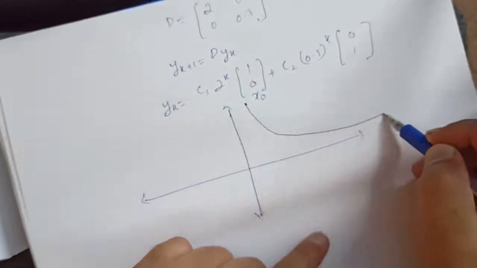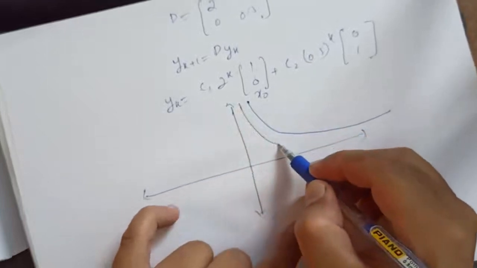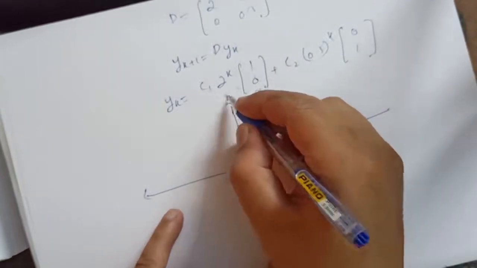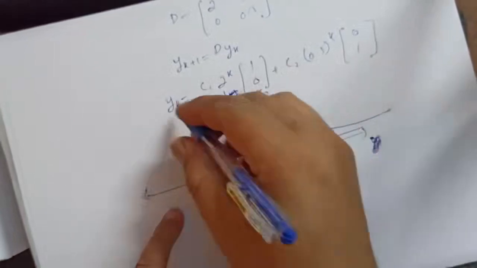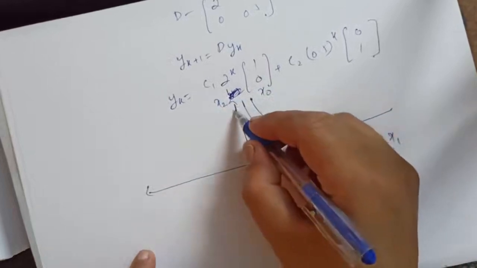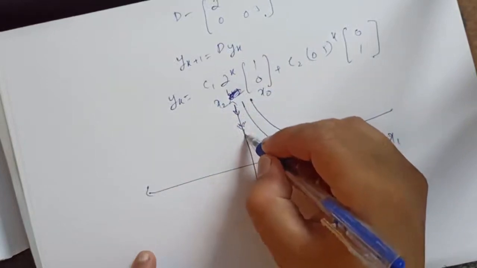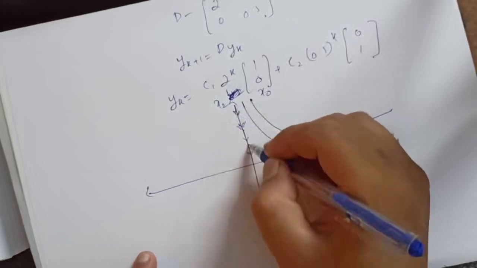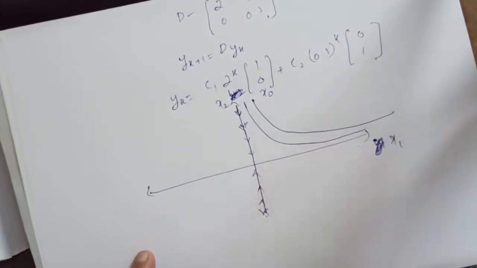Actually I should be writing x1 and x2, not y1 and y2, because that would confuse with the other one. Let's say x1 and x2, and again similarly we move toward the origin, and it will come back. If the starting point is here, the resultant along x2 will always approach towards 0. Similarly, if minus x1, it will approach towards here.